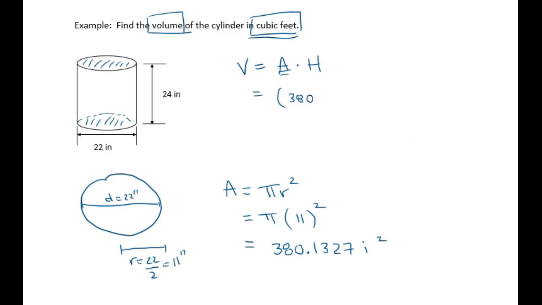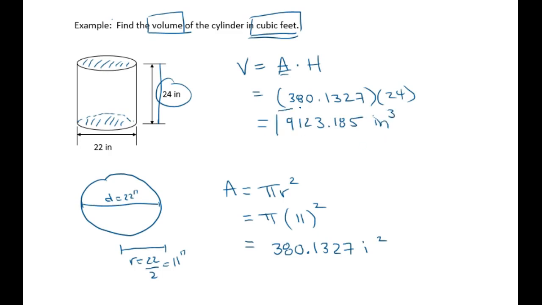So 380.1327, or keep it in your calculator, multiplied by the height of our prism, which is 24 inches. We end up getting 9,123.185, etc. inches cubed. So that's our volume in inches cubed, but it's not actually what the question is asking us. We want cubic feet.